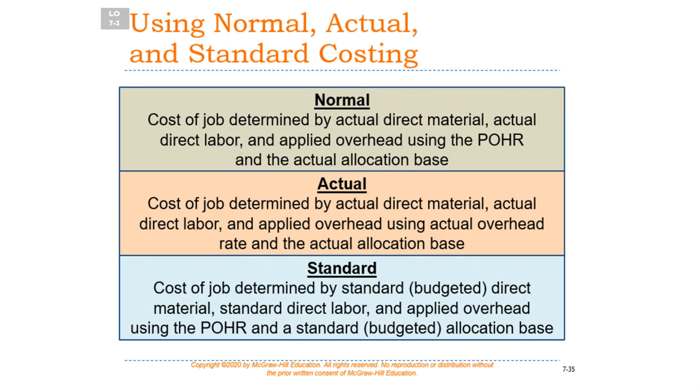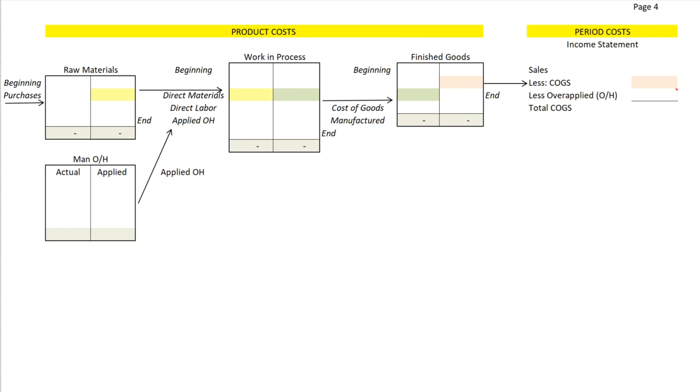a standard cost system. Recall when we apply overhead to jobs, we apply overhead typically using our predetermined overhead rate multiplied by an actual activity level. This is what most firms do and is referred to as a normal accounting system. We can also, though, apply overhead using a standard rate and a standard activity level.